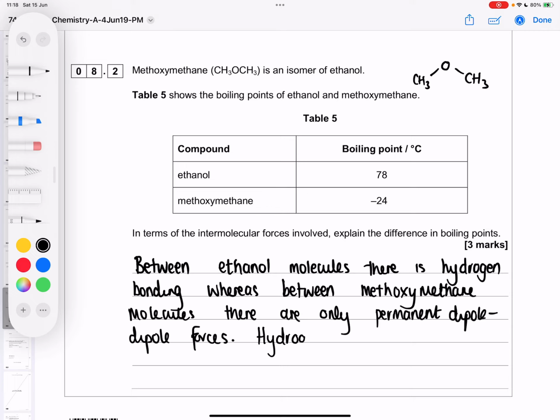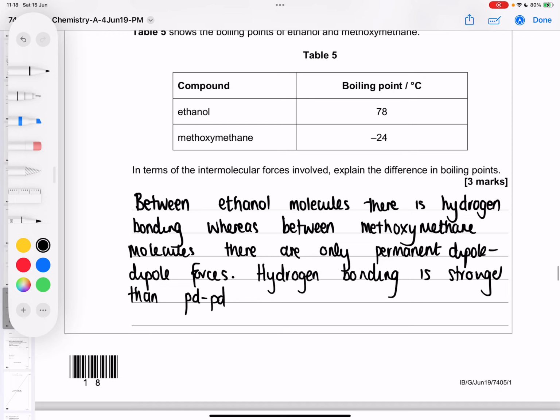Hydrogen bonding is stronger than permanent dipole-dipole, and therefore more energy is needed to boil ethanol, the one with the hydrogen bonding.